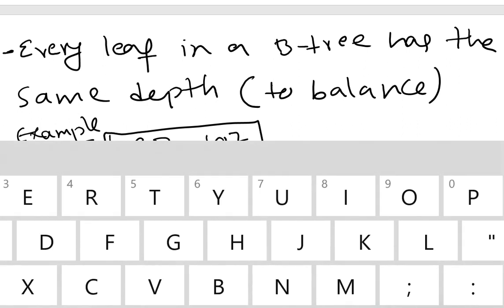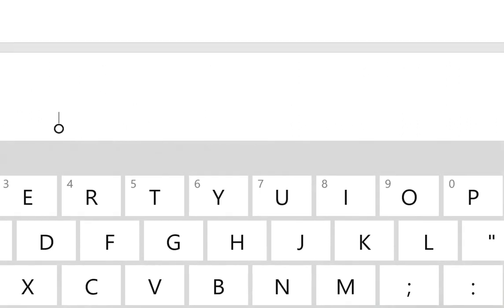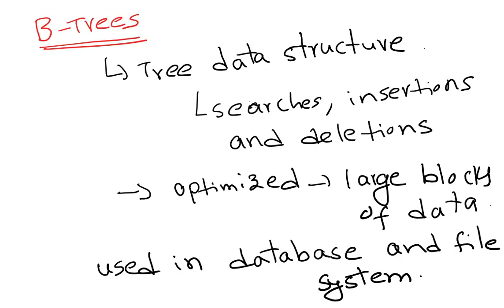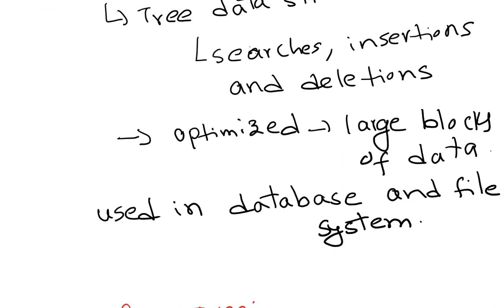Let me recap once. Listen carefully. A B tree is a data structure. It can perform searching, insertion, and deletion operations.